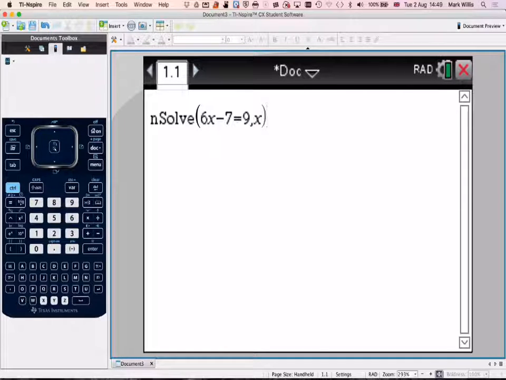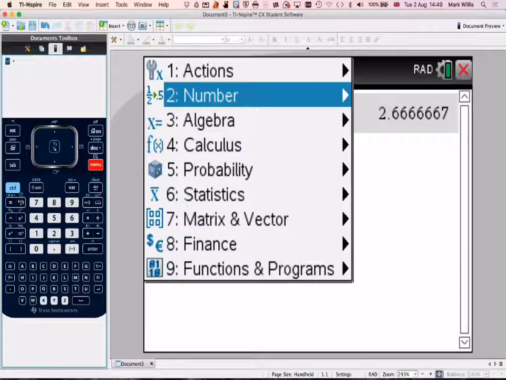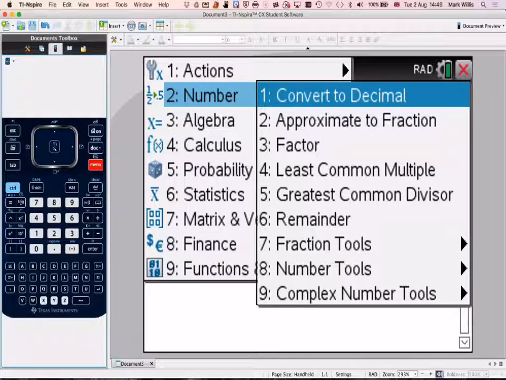Now you can actually specify the next two numbers, a boundary to solve it for, but as it's a linear equation, it's not really required on this calculator, so just press enter. And you see we get 2.6 recurring. Now, you might want to put that as a fraction. This doesn't always work. If you want to do that from the calculator, do menu. Number 2, number.